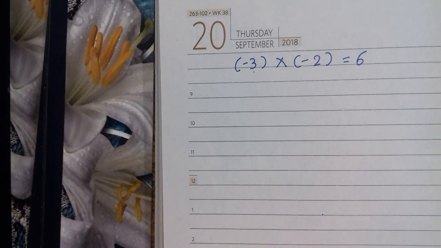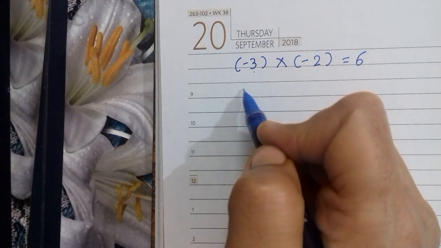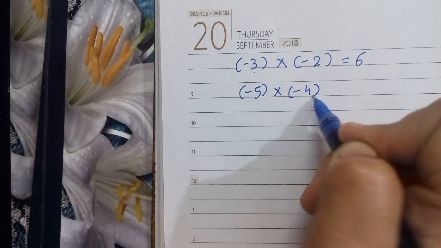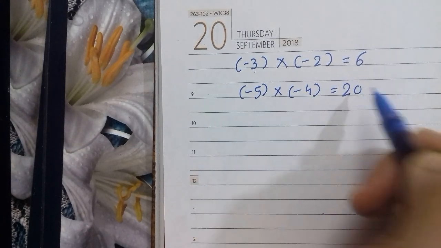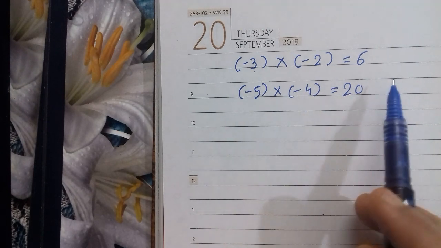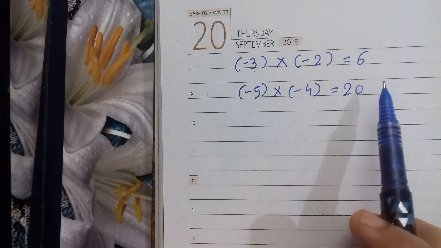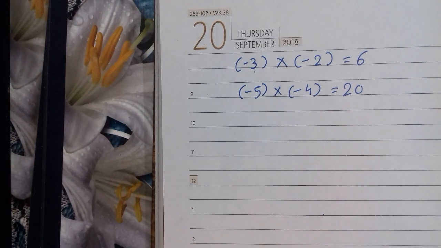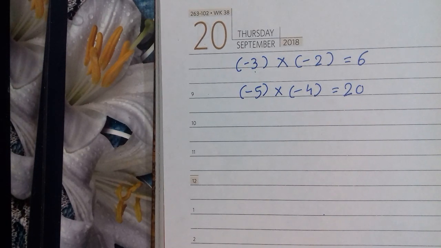Here both the integers are negative. Minus 5 multiplied by minus 4 is equal to 20. So observing this product, we can say that the product of two negative integers is a positive integer.